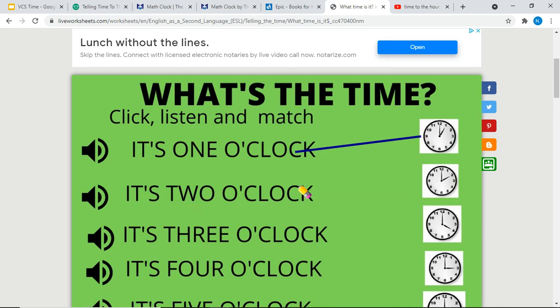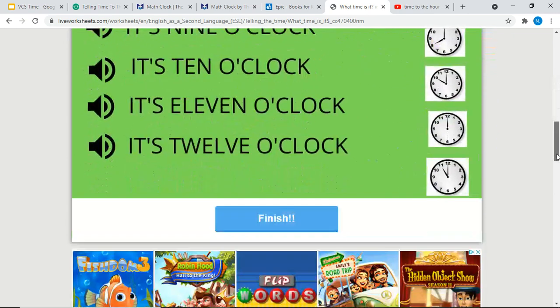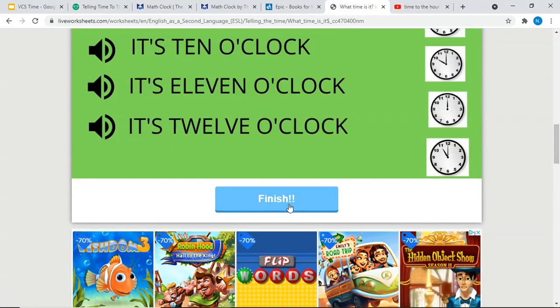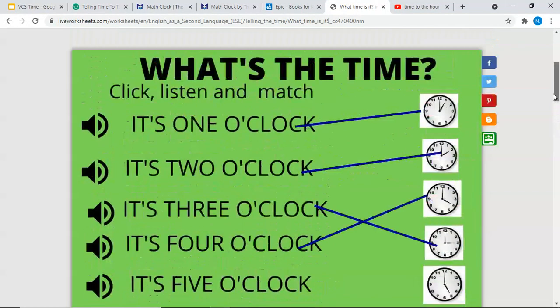It's 2 o'clock. Draw a line to the clock that says 2 o'clock. It's 3 o'clock. So now let's find the clock that says 3 o'clock. Draw a line. 4 o'clock. And so on. Once they're done, they would finish and receive a score.